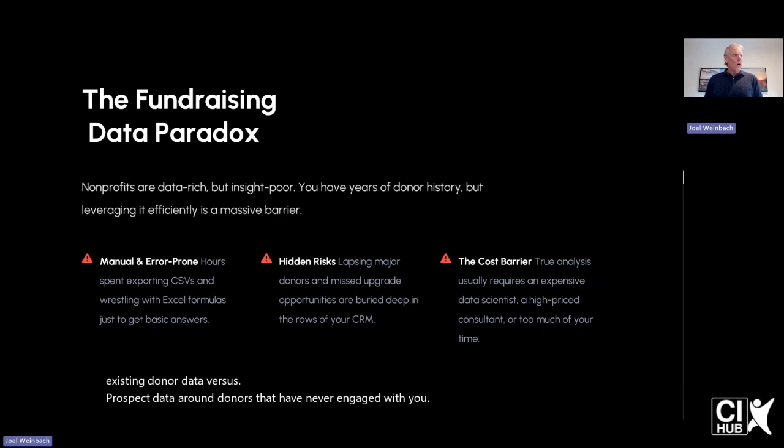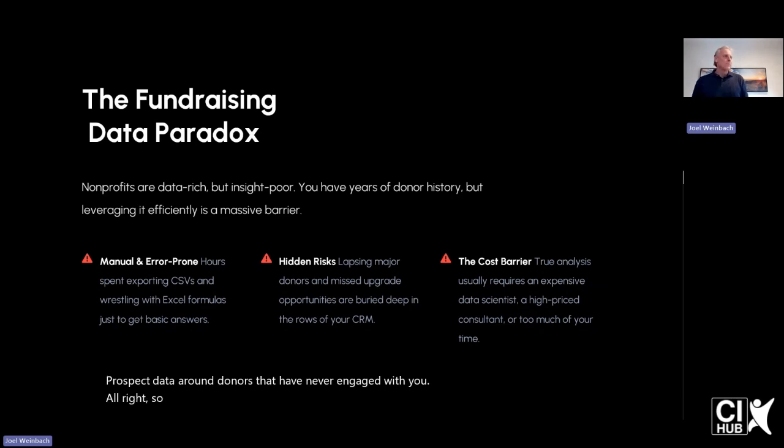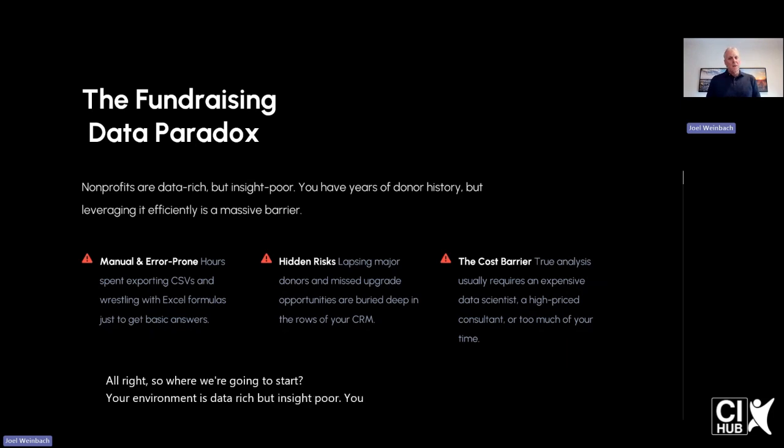All right, so where we're going to start, you know that your environment is data rich, but insight poor. You have years of donor history, but it's hard to leverage for a whole variety of reasons.